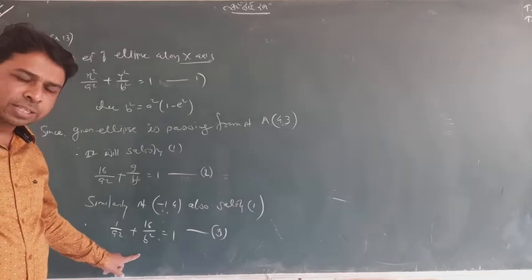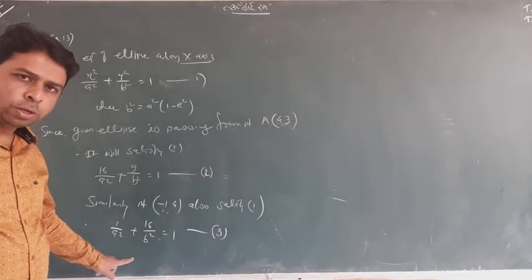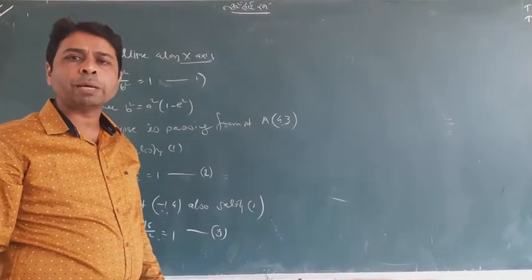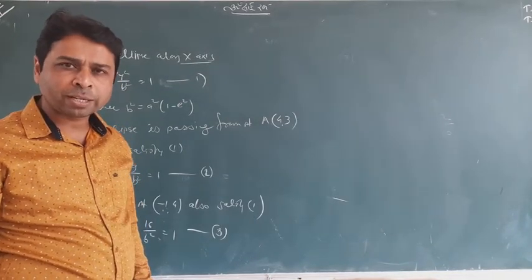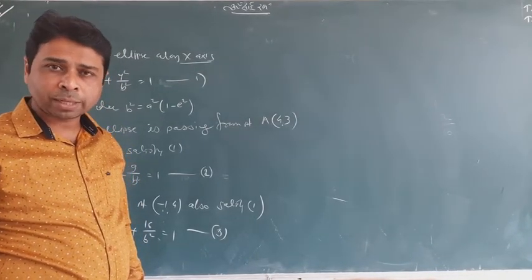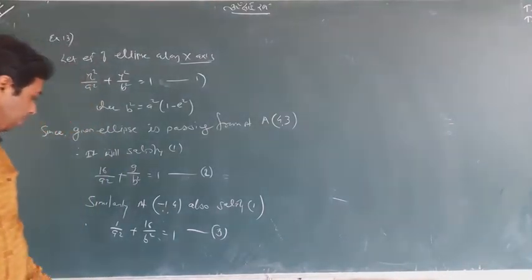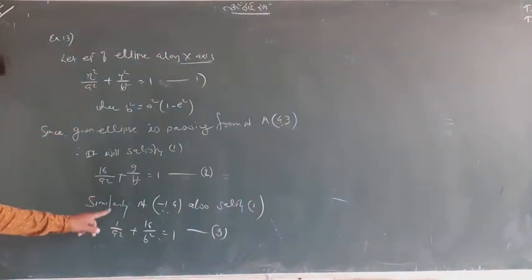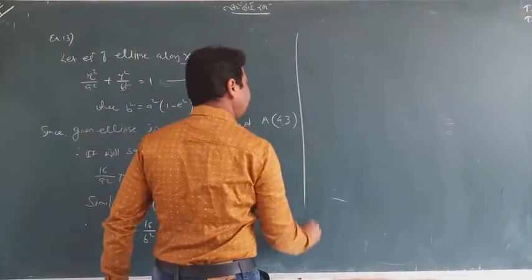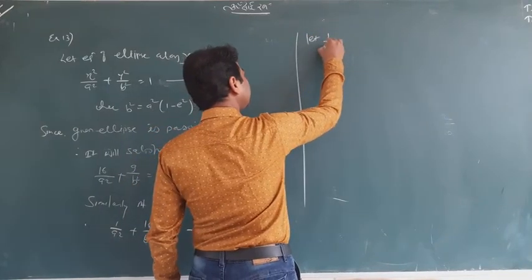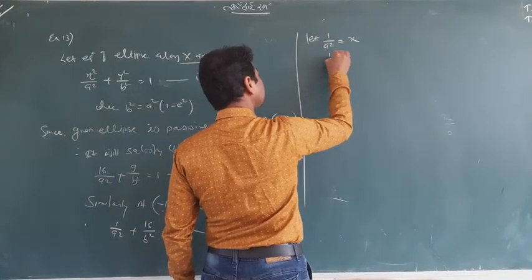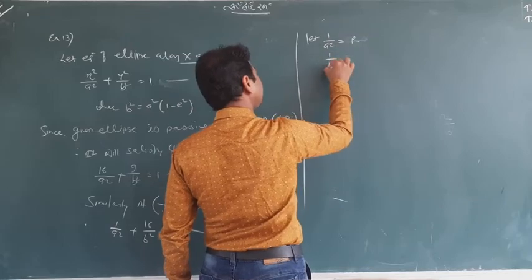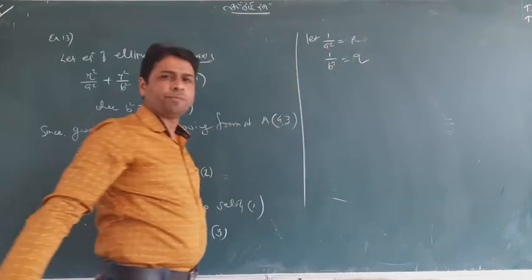In class 10, this kind of equation you solved in the pair of linear equations, 1 by p plus 1 by q, something like that, 1 by x plus 1 by y. How do you deal with them? For convenience, say 1 by a square equal to p and 1 by b square equal to q.